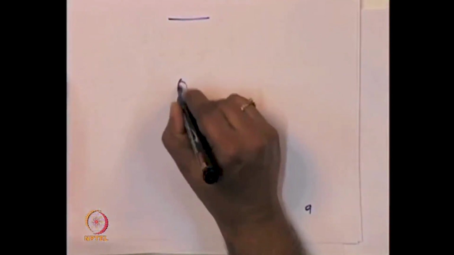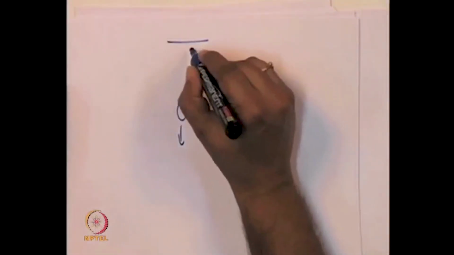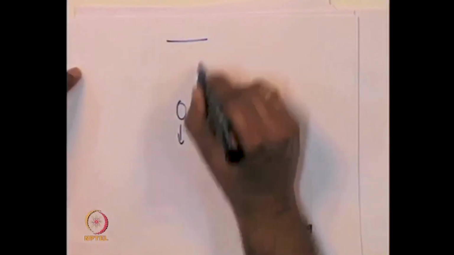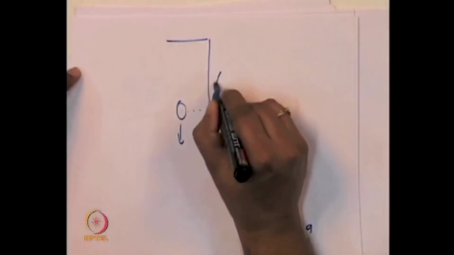Let us say an object is falling from here. This is the object which is falling, and it started falling from this particular position. Let x be the distance from the initial position at any point.